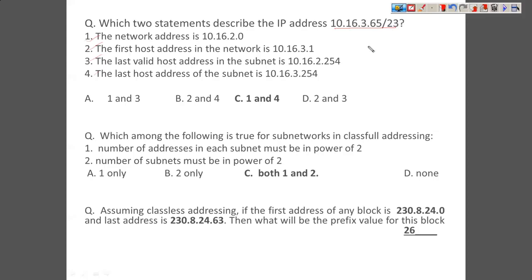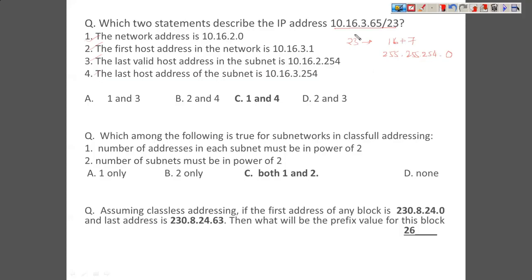So here n is 23. So what is the mask? The mask 23 means 16 plus 7. So that means 255.255.254.0.